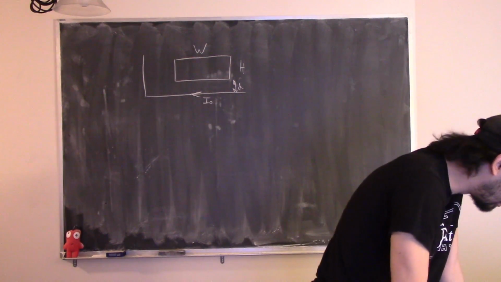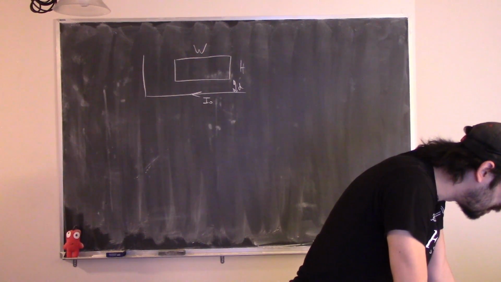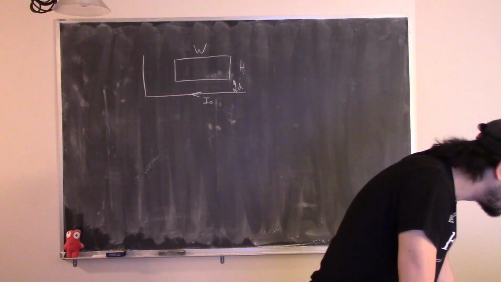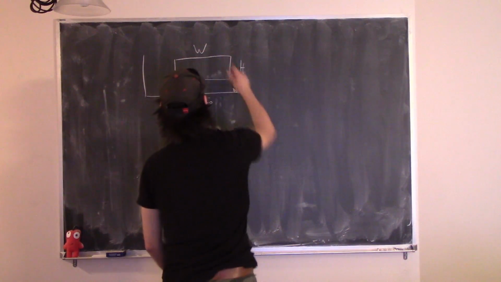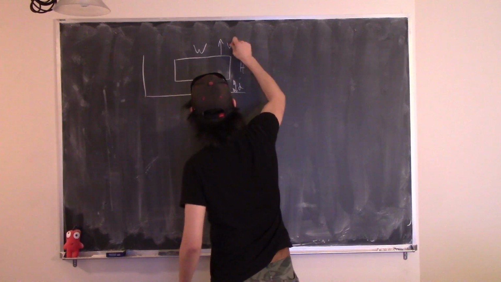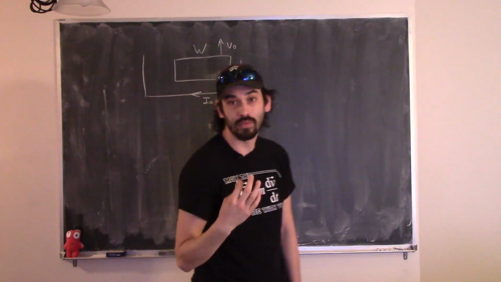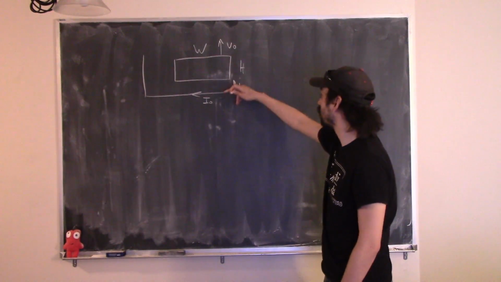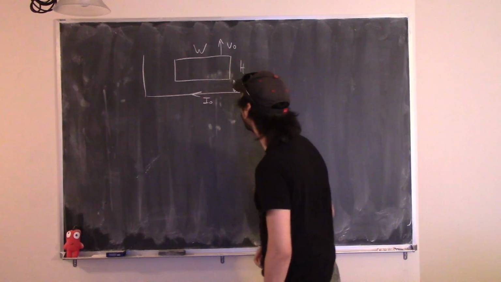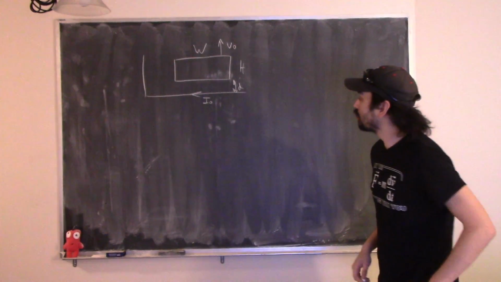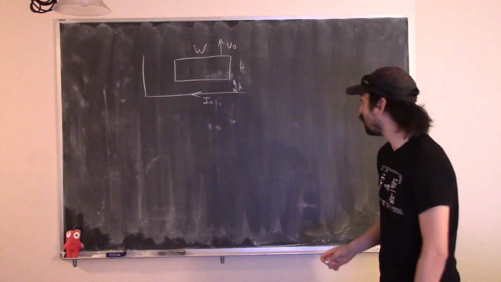But you're told that the loop moves away from the wire with some constant speed v0. So this is going to be moving away with some constant speed v0. And what we want to do is find what the current is that's induced in this loop of wire. Okay. So in order to do that, we know that we're going to need to use Faraday's law.